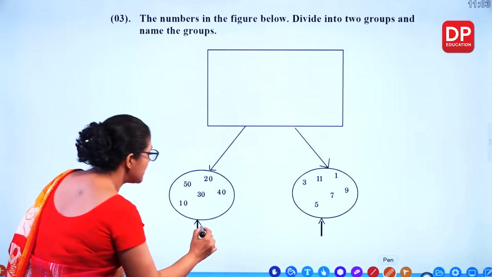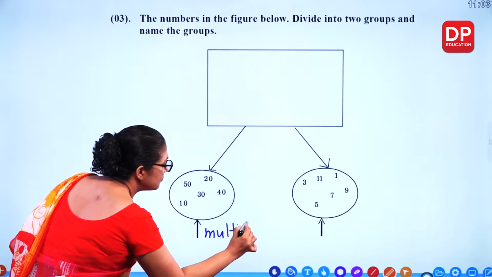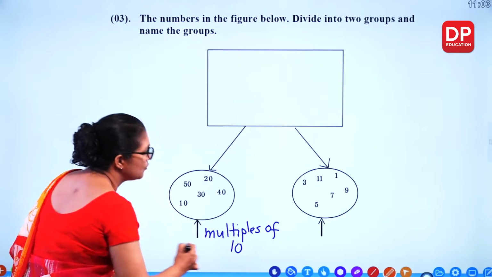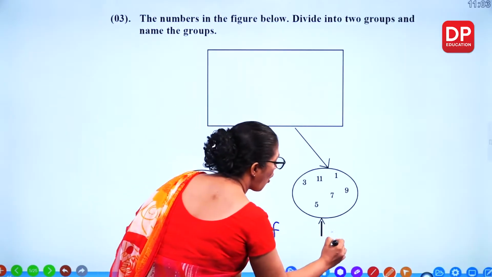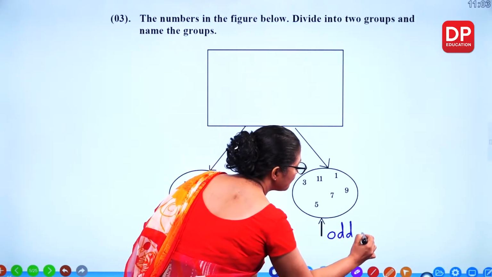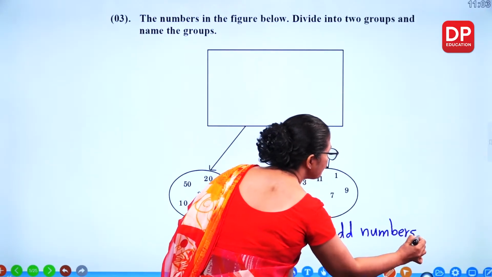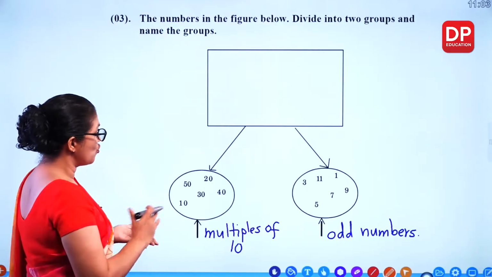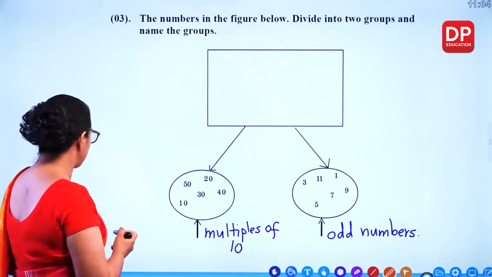Multiples of 10. What are 1, 3, 5, 7, 9, 11? Odd numbers. So we can divide numbers into two groups, multiples of 10 and odd numbers.